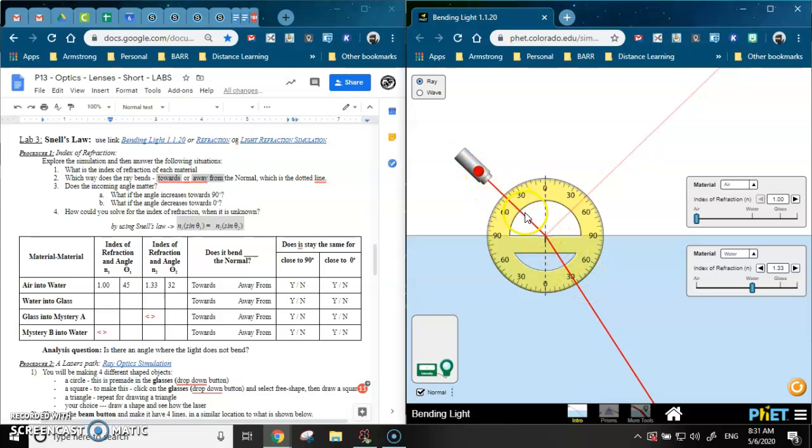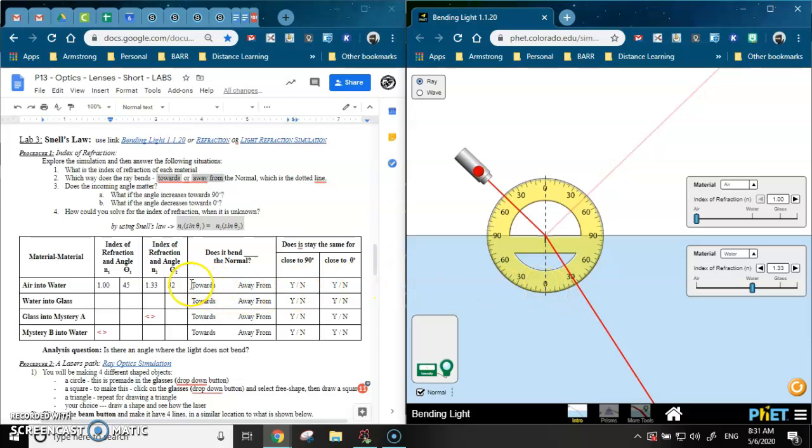It's coming in here, and if it wasn't bending at all, it would just go straight through, back out at 45. That's where the light should continue going, but it's hitting a different material. What we want to know is, does it bend towards the normal, which is the perpendicular line, or is it bending away from the normal, back towards 90 degrees? Well, in this case, the angle is less than 45, so it's bending back towards the normal.